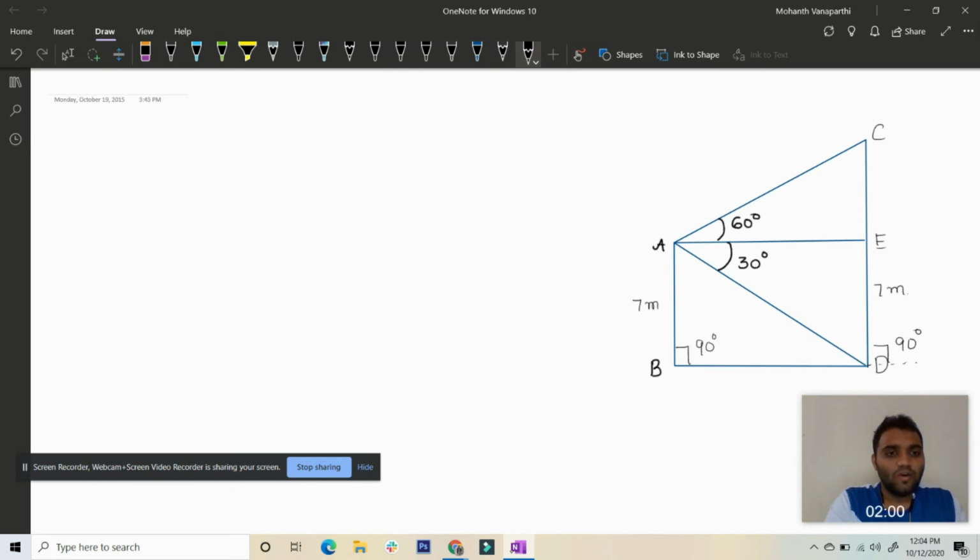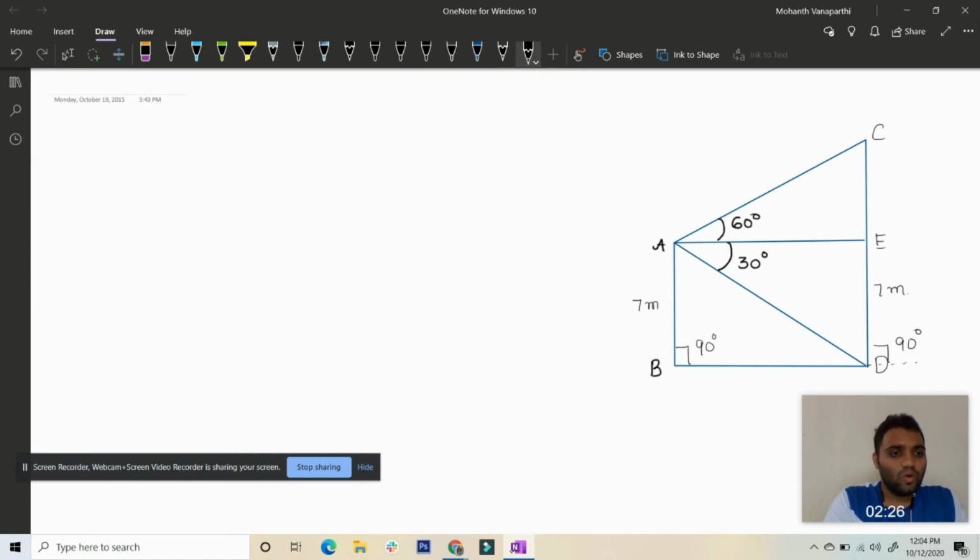Along with this, we also have angle of elevation, nothing but EAC, is equal to 60 degrees, and angle of depression EAD is nothing but 30 degrees. So this is the given data. DC is the length of the tower which we need to find out.